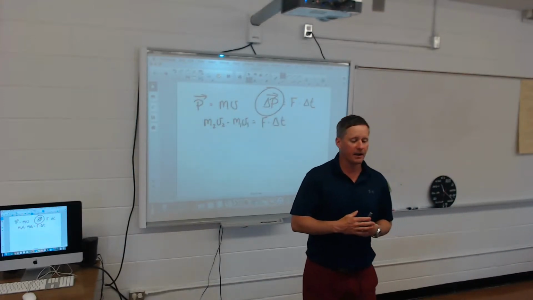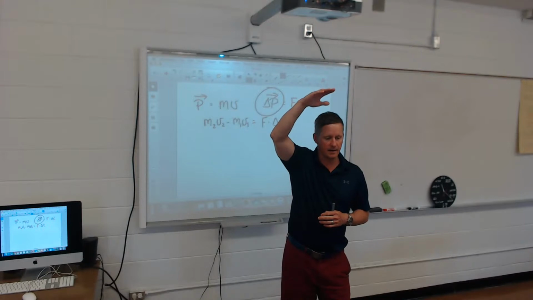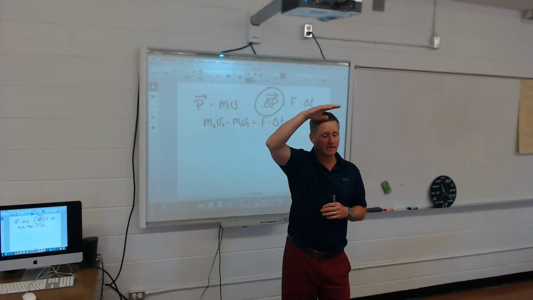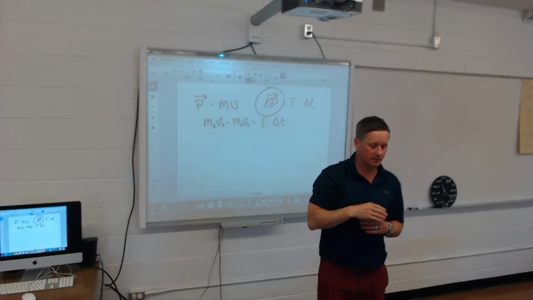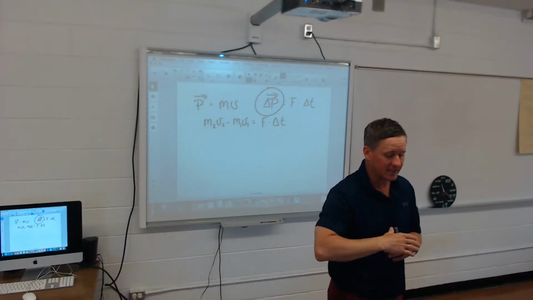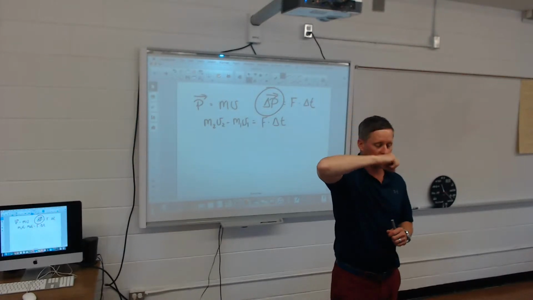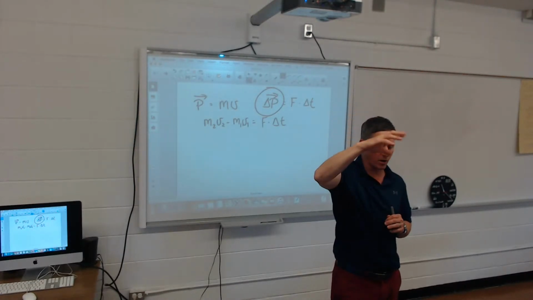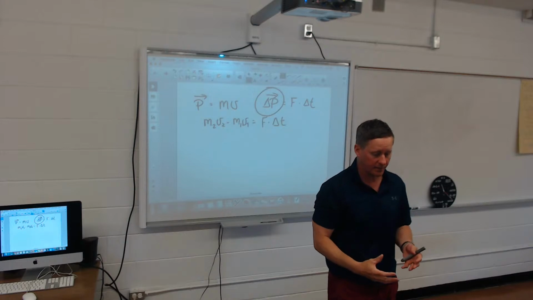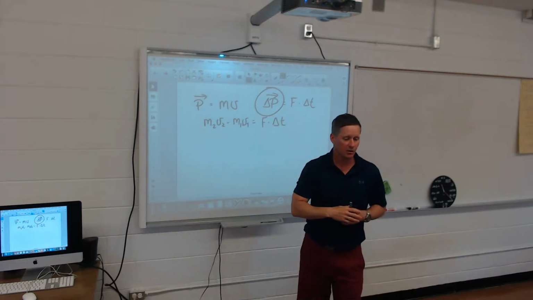So what they're saying for force equals change in momentum over change in time is, like a rocket that goes up into the air, it's getting less momentum as it goes up because it's losing its mass. The propulsion is happening, so the force from the thrust of the rocket engine is occurring.